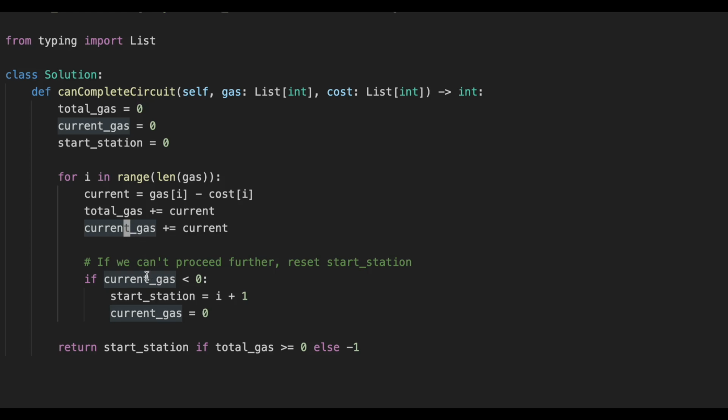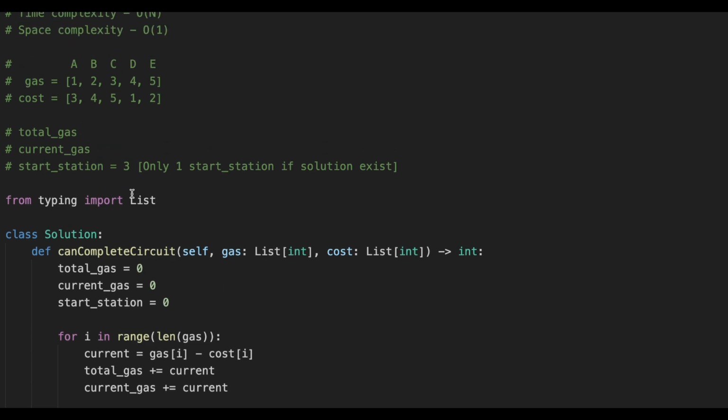Then we choose a new starting position and set our current gas to 0 because we are starting over. At the end, we check whether our total gas is more than 0; if so, we return our start station. If not, the total gas is less than needed, so no matter where we start, we return -1.